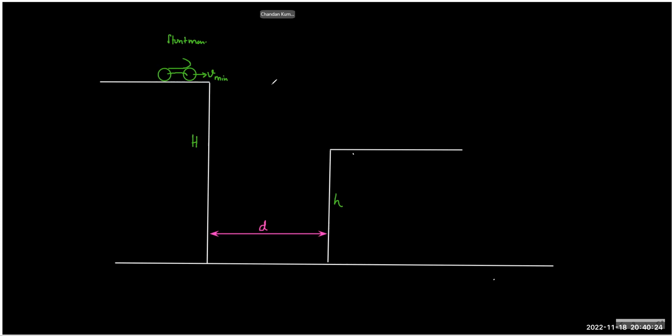Done, sir. What is the answer? So root of g D square by 2 bracket h minus h.